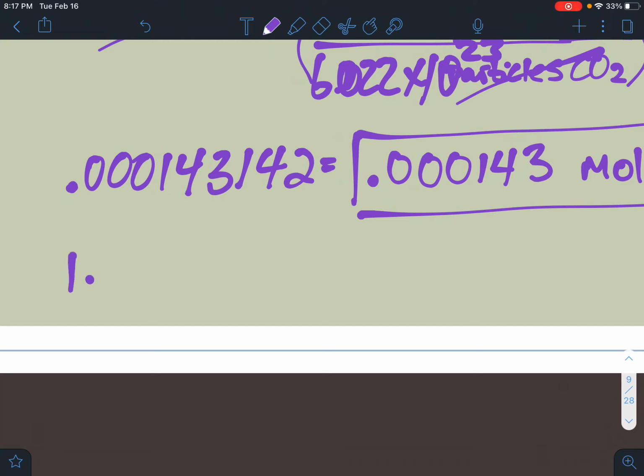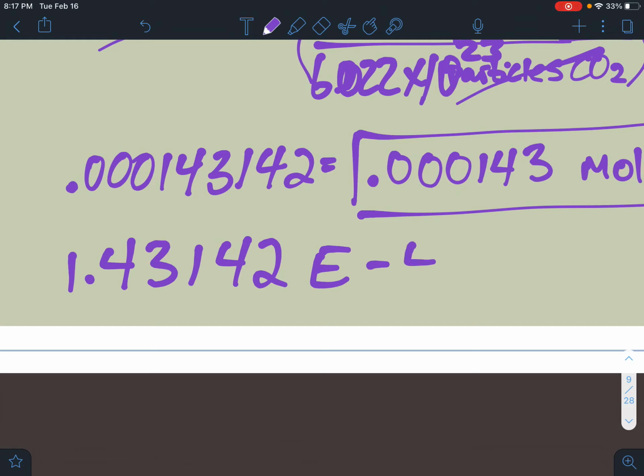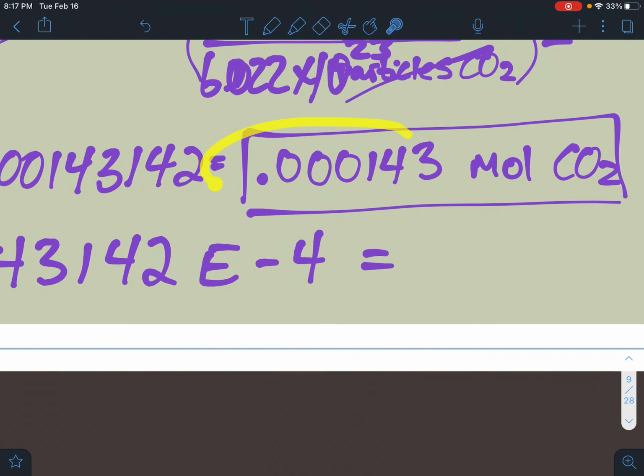So I'm guessing in some calculators it might have said 1.43142 E negative 4. Now, if you guys are recording your answer, you do want to be able to recognize that it is the same answer as this. It's just written in scientific notation.